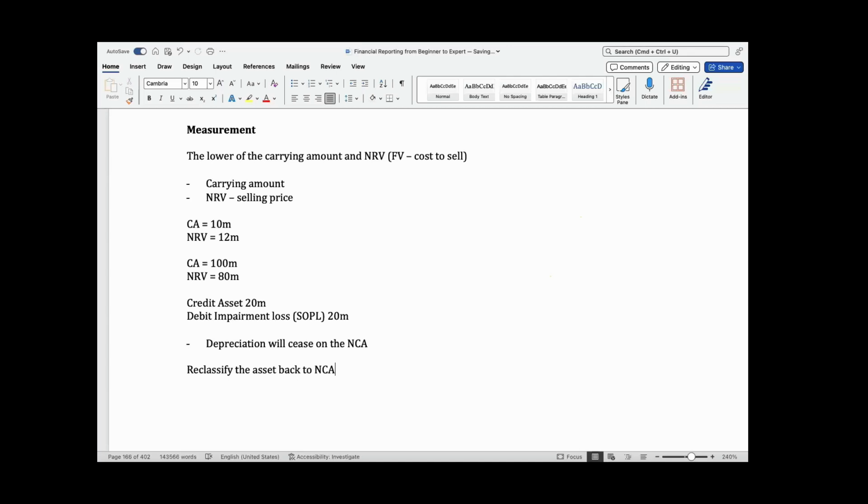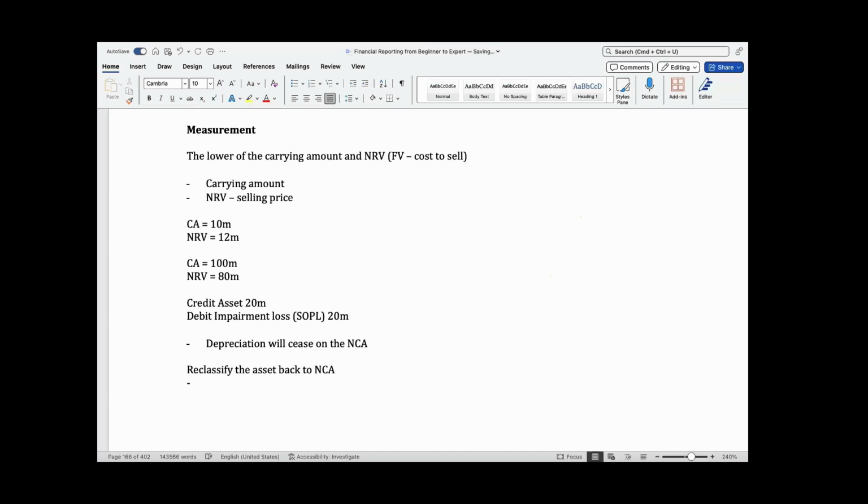So an asset that you classified as non-current asset held for sale, but you could not sell, you reclassify back to what it was. Reclassifying it is not a challenge because you are just moving from one class of assets to another. The major challenge is, how do you now measure it?